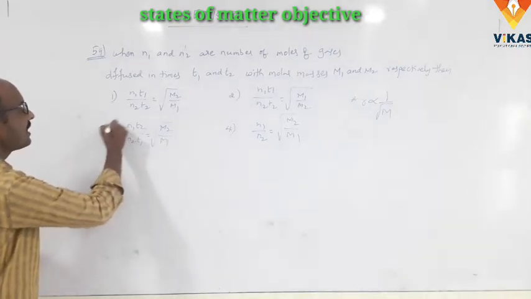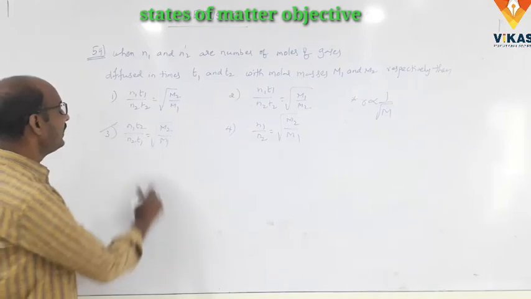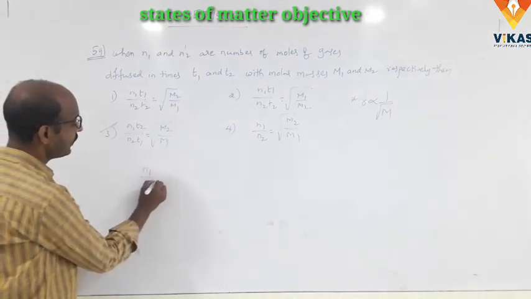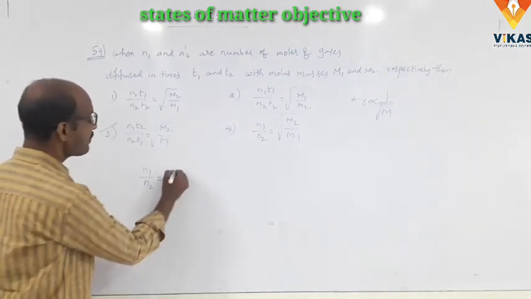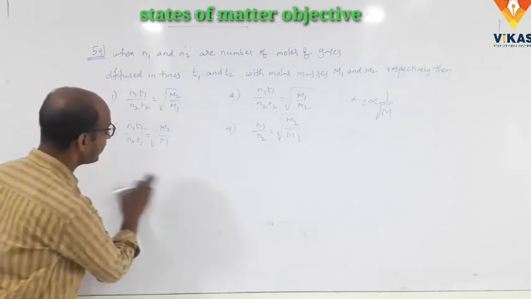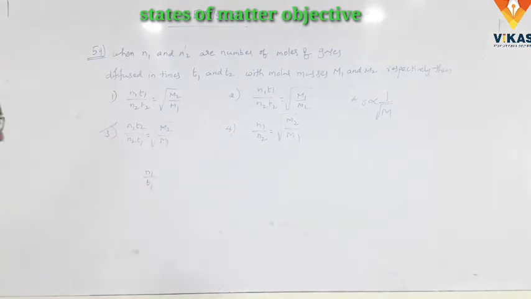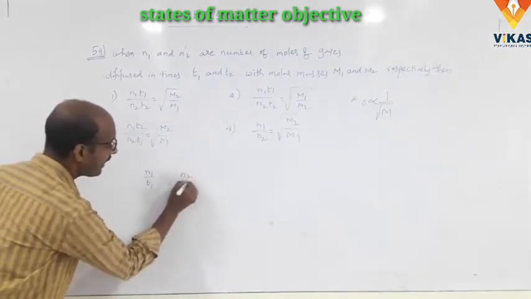Here the third one is the correct answer. Why? Here N1 T2 by N2 T1. Here the number of moles N1 by N2, and the times taken T1 by T2. So how to calculate? The rate of diffusion is N1 by T1 and N2 by T2.